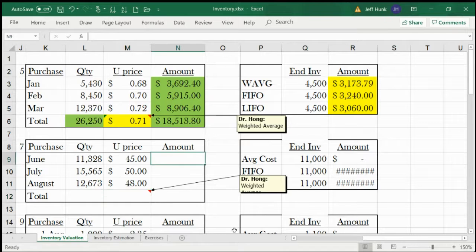And then, what is the ending inventory in this example? The ending inventory in this example is 13,450. This one also in the slide was slightly different. 4,572.